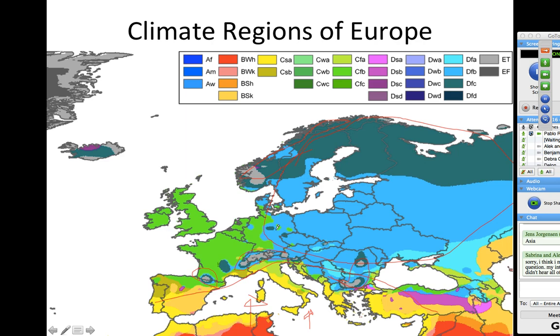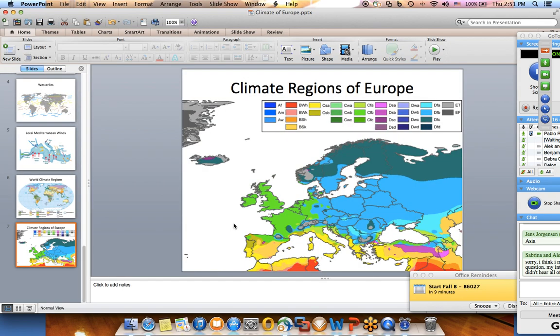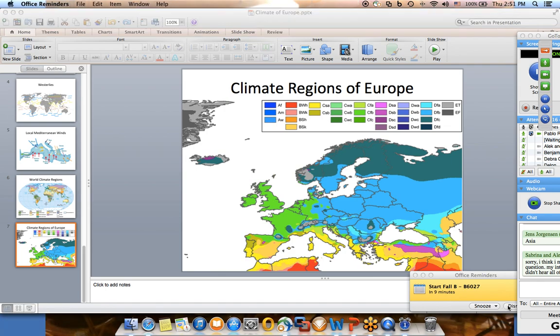All in all, what we have studied is that the European climate is a lot more temperate than you would expect for the latitude that it is in. So it's a lot milder. And that has allowed all the different countries and civilizations to flourish here in Europe. That is really a great thing.